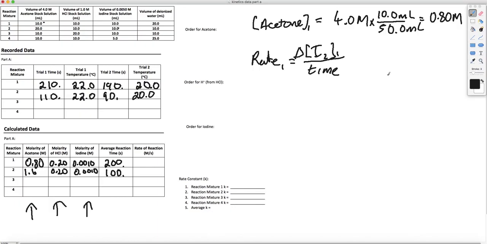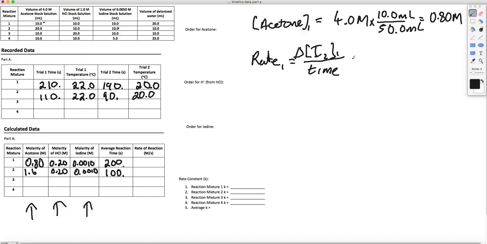The yellow color is actually the iodine. You'll notice also that the iodine is very low concentration relative to the other things in the reaction mixture. So you can see that that's going to end up being the limiting reagent. It's going to end up being used first. So when the yellow color disappears and it becomes colorless, we know the iodine is gone.